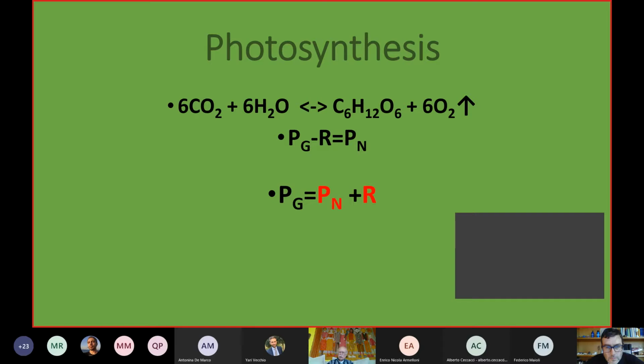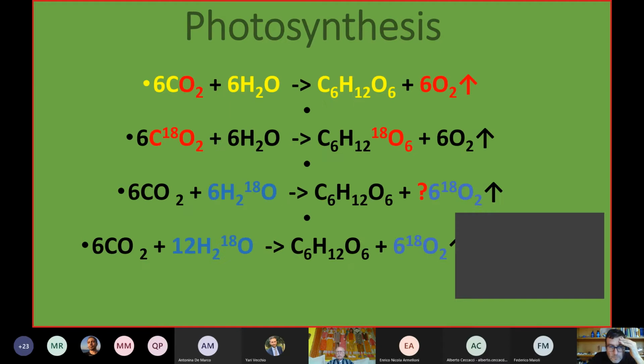We add it to the measured net photosynthesis, and we get the calculation of the gross photosynthesis. Of course, if we want to sell any algal product, the only thing we can sell is the net photosynthesis, because the respiration is deducted all the time, at any moment during day and night.